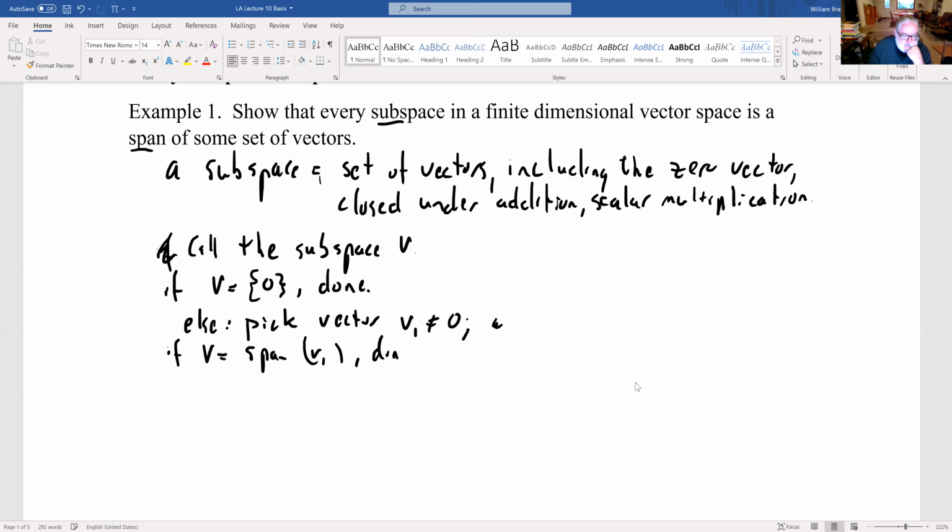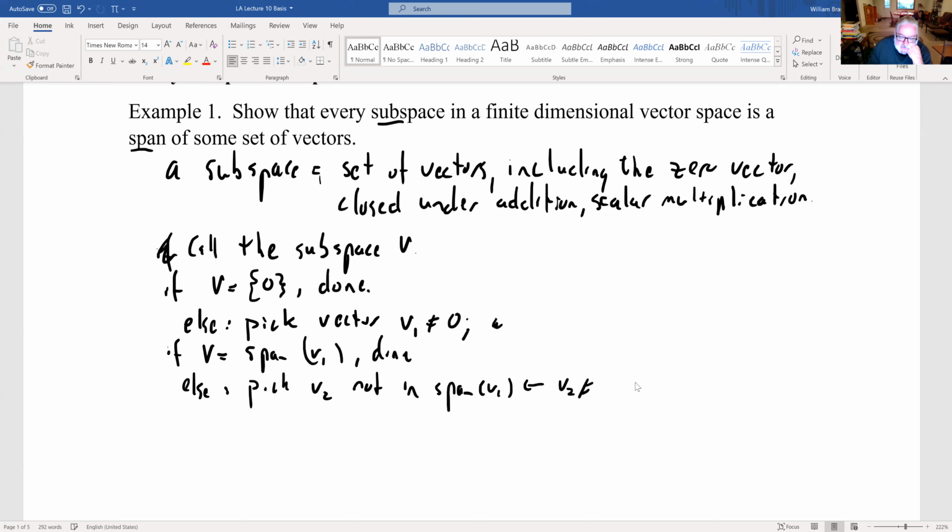we're done. Else, we can pick a vector that's not in the span of V1. So pick V2, not in span of V1. What that means is that V2 and V1 are linearly independent, right?